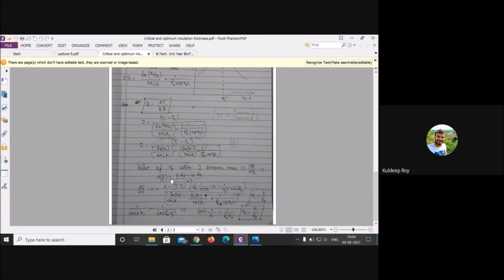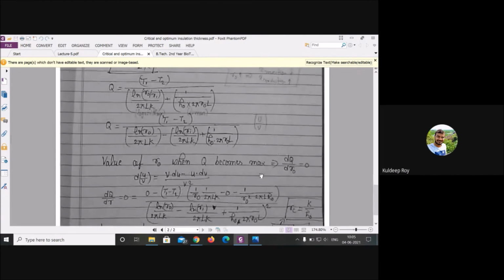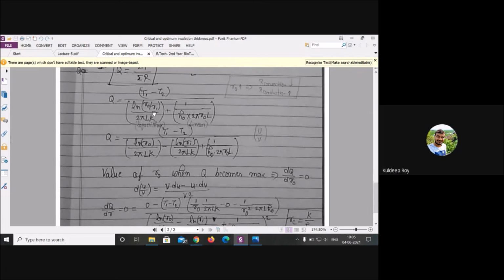If you look at this formula, look very carefully. This is a logarithmic value, correct? This is a logarithmic value and this is a linear value. What does this signify?